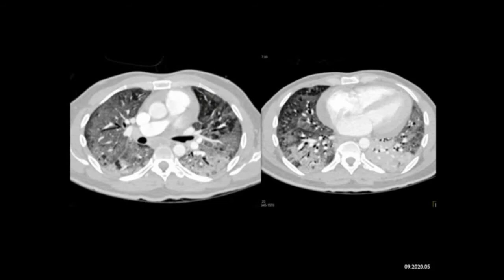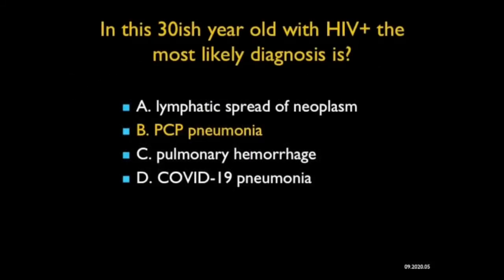Lymphangitic spread, not really. Pulmonary hemorrhage is more central. COVID pneumonia tends to be dominant toward the lower lung fields, and they can get GGOs, you can get crazy paving, all sorts of appearances. But this is more likely, particularly with HIV, going to be PCP pneumonia, which in fact this was.